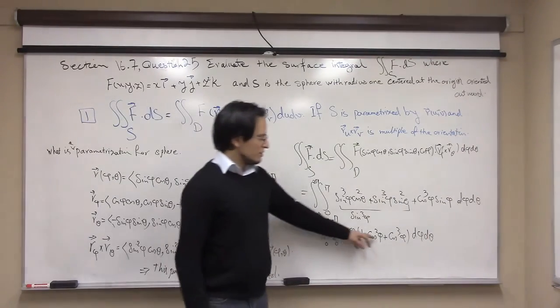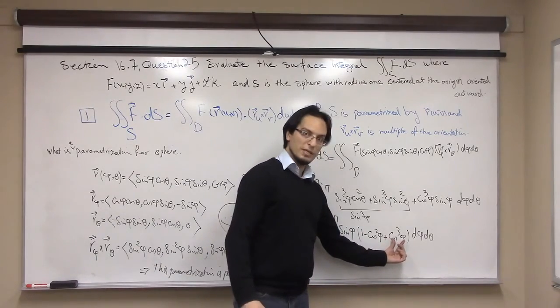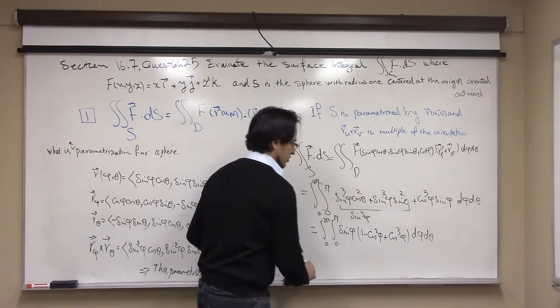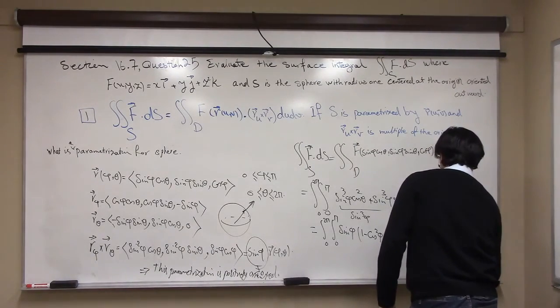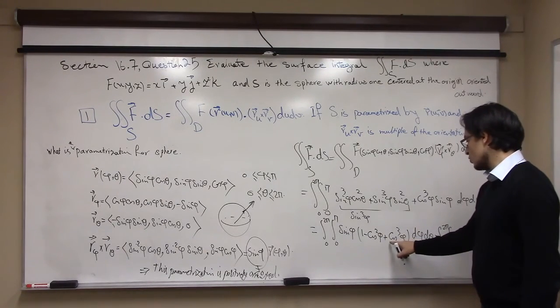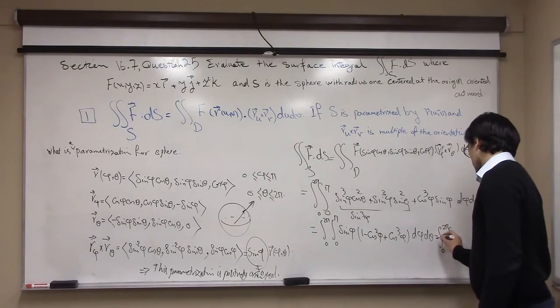Now I can use substitution, set u to be cosine phi. Then we are going to have theta from 0 to 2 pi. The derivative of cosine is negative sine, so I have to put a negative sign here.